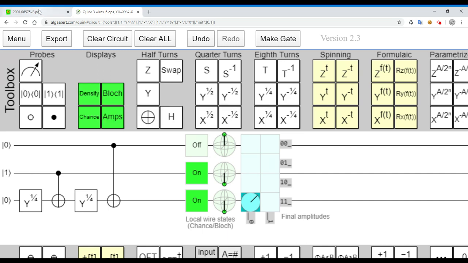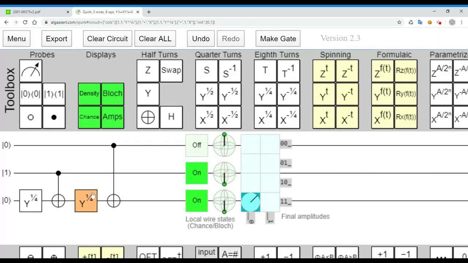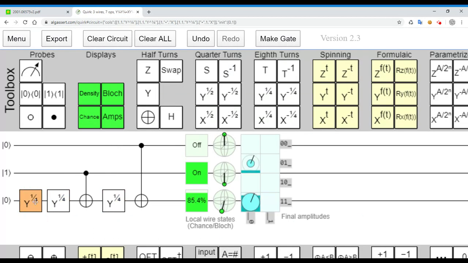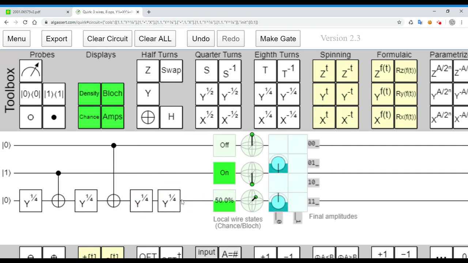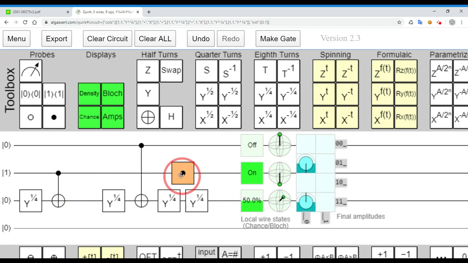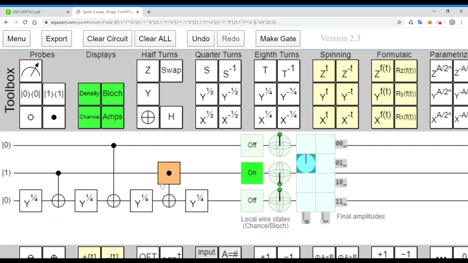So nothing happens here, but we're repeating the same, but rotating backwards. Yeah. So I wanted to do it with Qiskit, but it just takes too much to set it up. And I see that's kind of good enough.